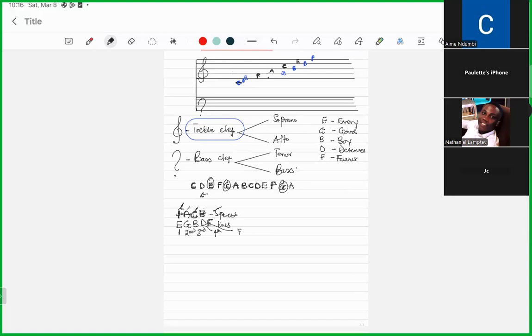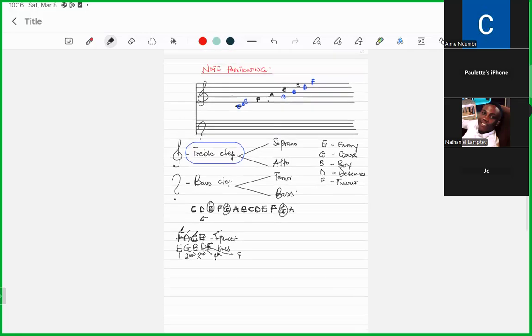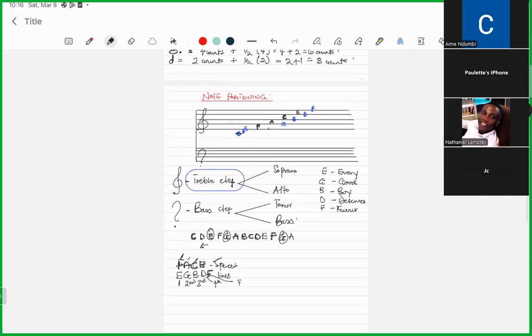What do I mean? We identified that this first line is E, second line is G, B, D, F. But when you have a note below this first line, maybe the note is here, it is a D. When you have a line drawn under the first line, it's something like this.